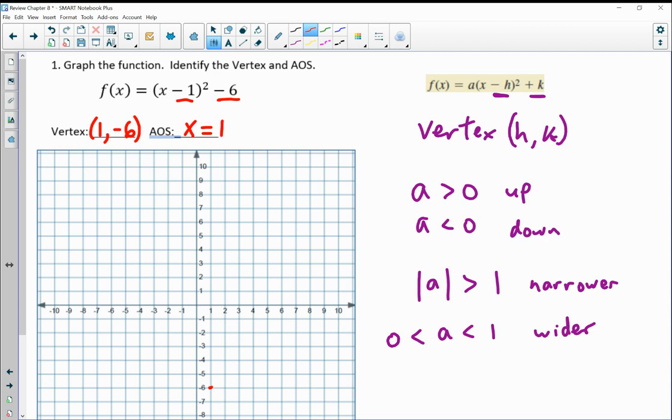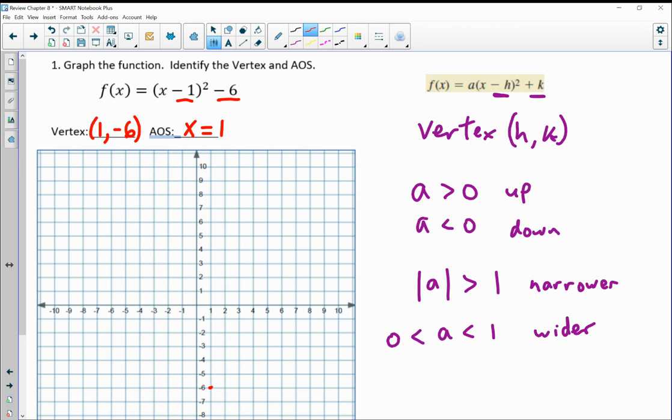We can't just stop with the vertex. We have to identify a couple other points. So we could go immediately to the left or to the right of our vertex. We can plug in, for example, let's plug in 0. We'll end up with the y-intercept.